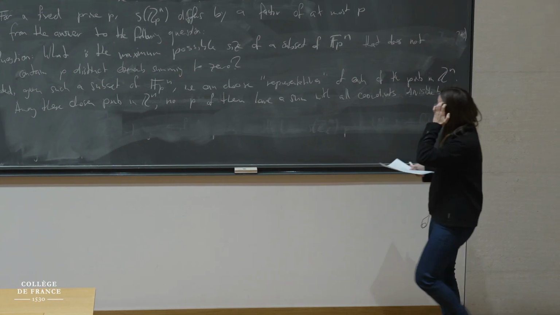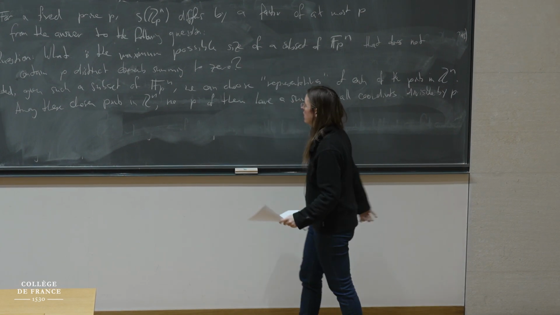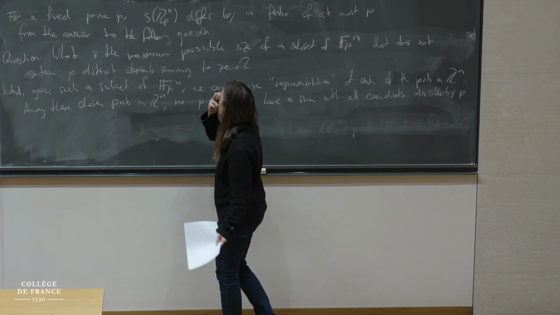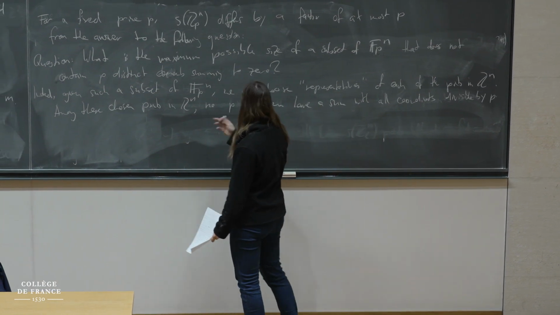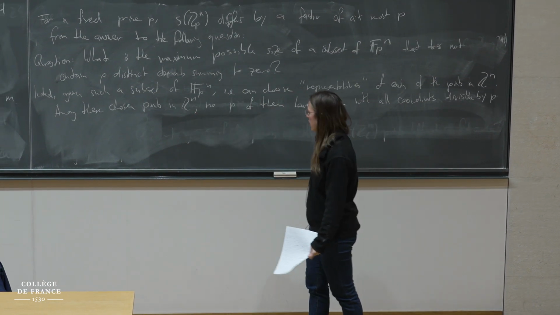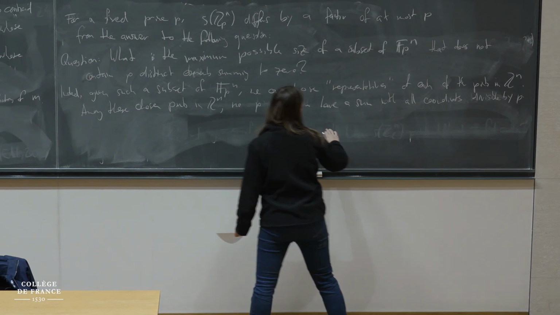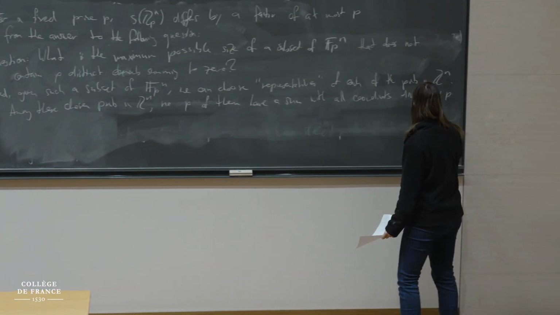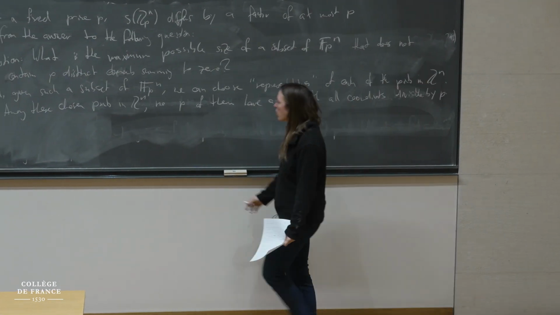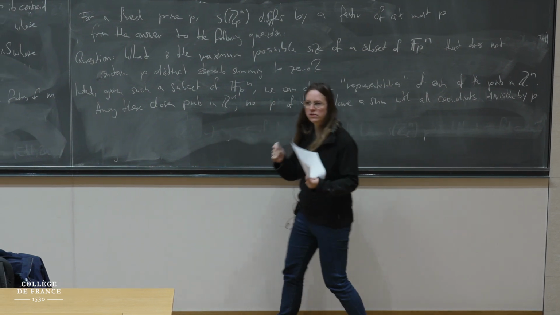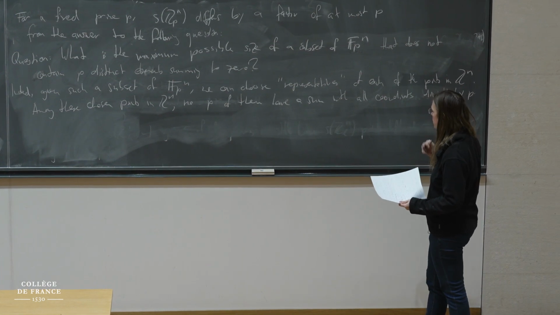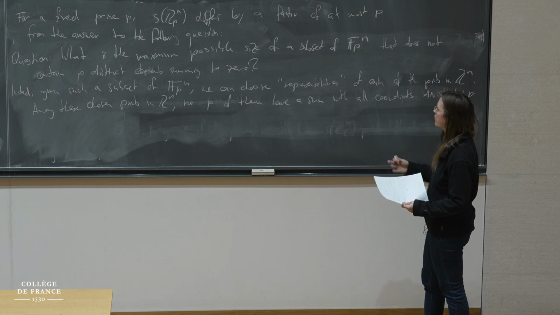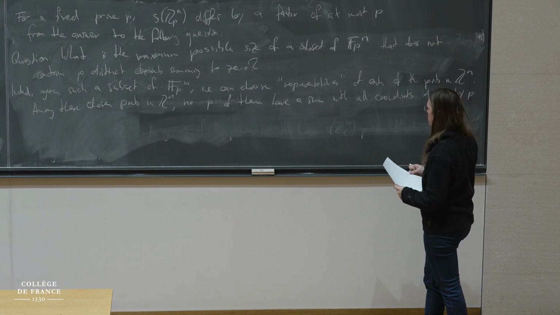By our choice of this set, we don't find p points whose sum is a 0 vector. So after we lift the points into Z to the n, we don't find p points whose sum has all coordinates divisible by p. But that means we don't find p points whose centroid is a lattice point in Z to the n, because that exactly corresponds to the sum of the p points having all coordinates divisible by p.